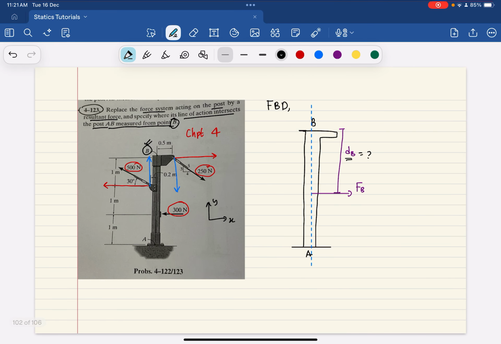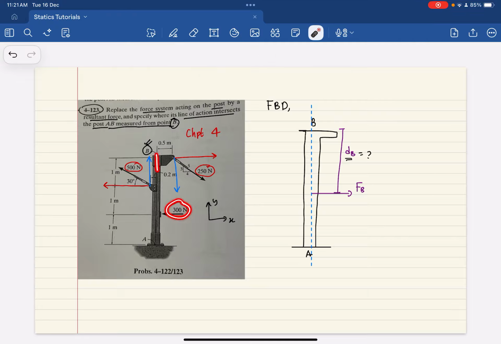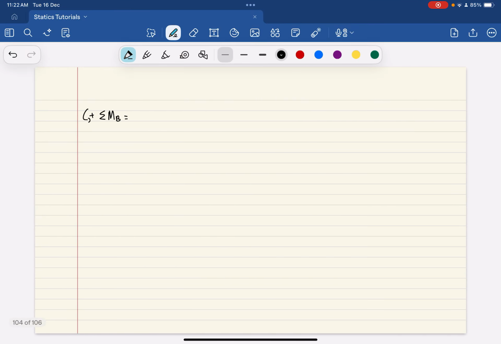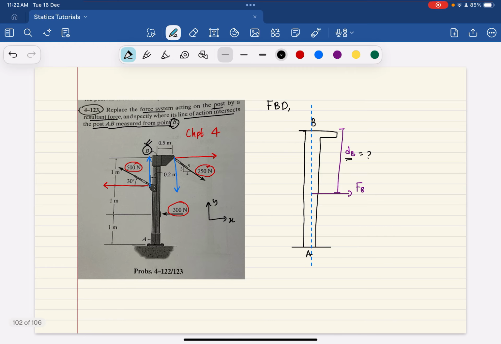Let's see, from each of the forces. For the 300 Newton force, it only has one distance from point B, which is 1 meter plus 1 meter. That would give me 2 meters, and it's going in a clockwise direction, so it will be negative. So it would be negative 300 times 2. Okay, so that's the first force done.